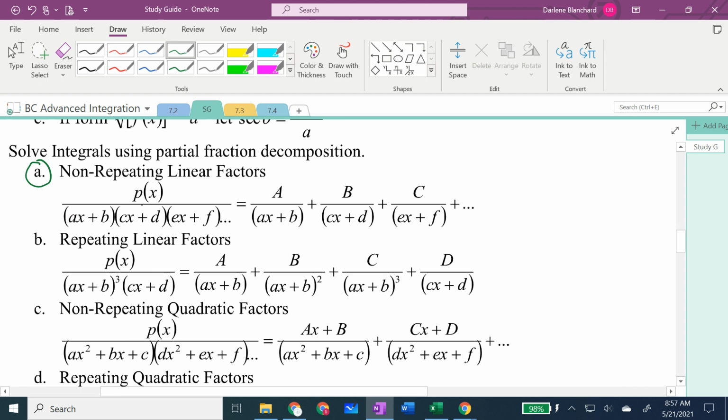As long as your numerator polynomial is less degree, this is a way to rewrite it. If you have any repeating linear factors, you want to write that core linear factor not just with the degree 1, but every degree up until you reach how many times it is repeated.